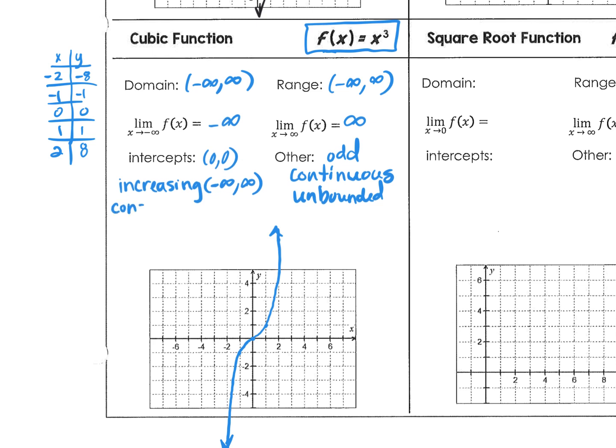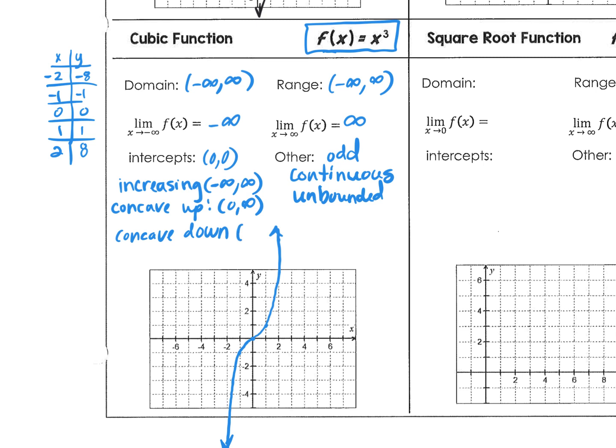Now this one has concavity, doesn't it? Where is it concave up, and where is it concave down? Where does it scoop up? 0 to infinity, right? If that's the case, then where is it concave down?